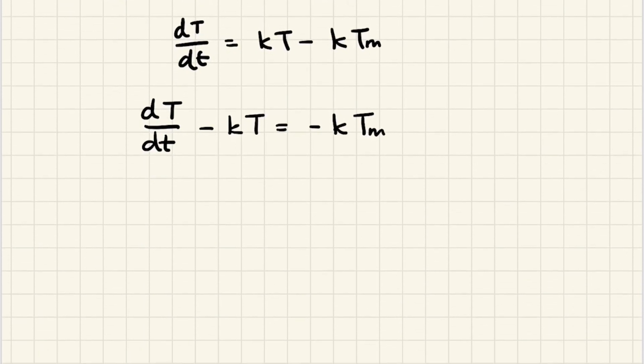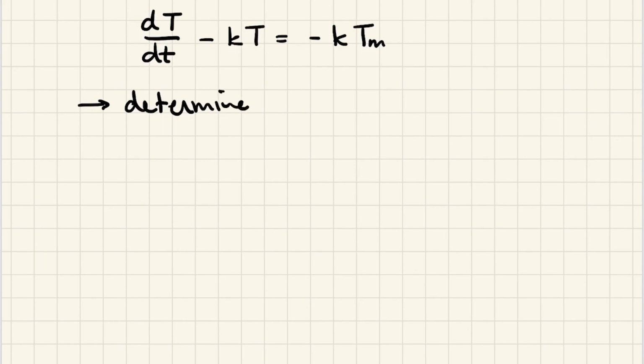So let's now find mu, the integrating factor. So we know that mu is equal to e to the antiderivative of the coefficient of T in this case. So that'll be negative k dt. So mu will be e to the negative kt.